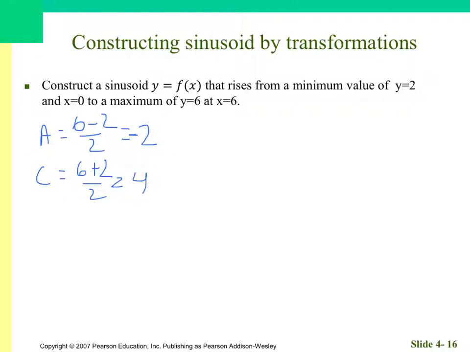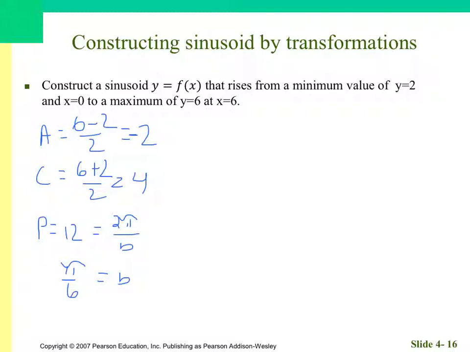So we need B. Well, the period is 12 because if it goes from the minimum to the maximum at 6, to get back down to the minimum and start heading up again, it would take another 6. Okay? And that equals 2 pi over B. So B equals pi over 6. Okay? So we have A, B, and C, or K, however you want to think about it.